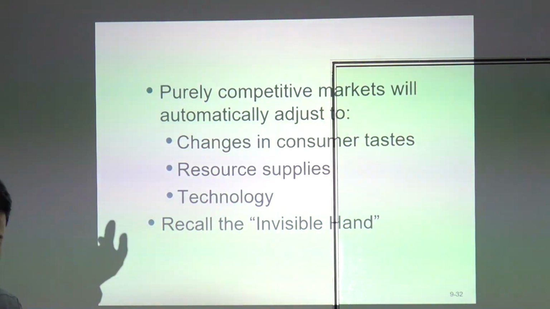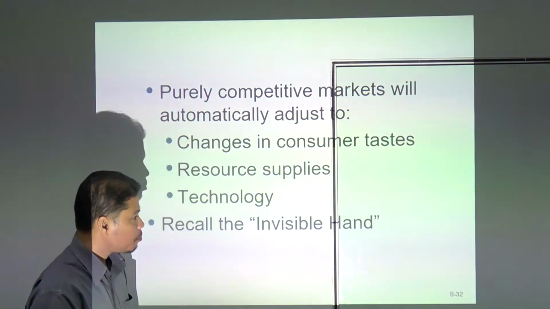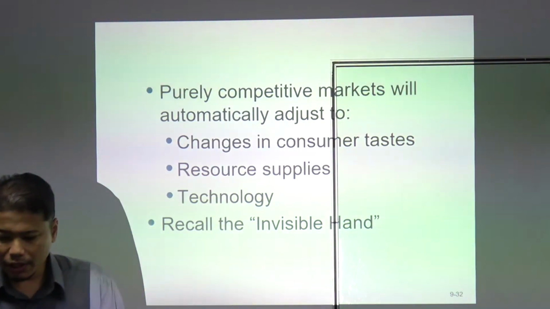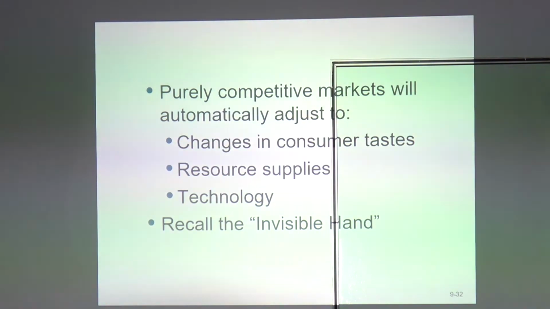If firms are making losses, some of these firms will exit the industry and the remaining firms will go back to just breaking even or normal profit. P equals average total cost. It's not only that P equals average total cost, but if you look at the diagram, P is basically equal to minimum average total cost.